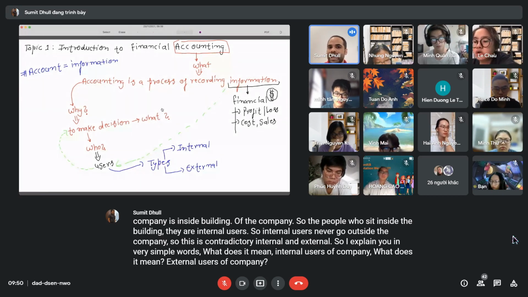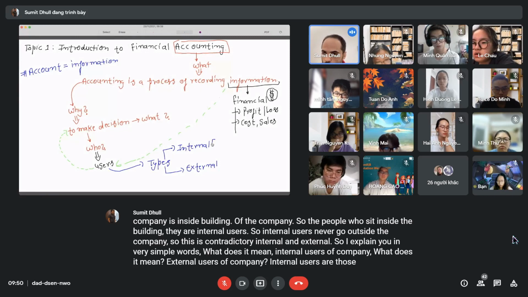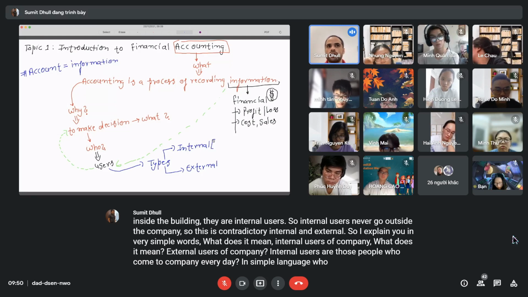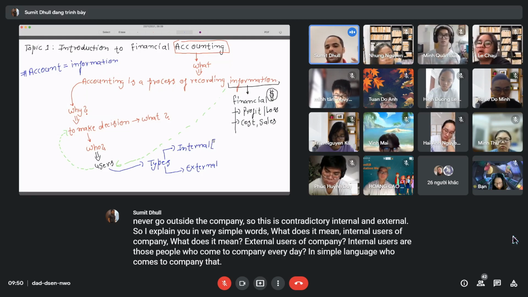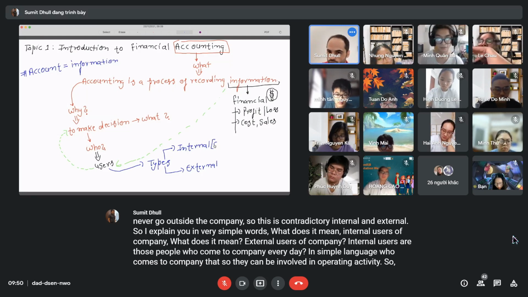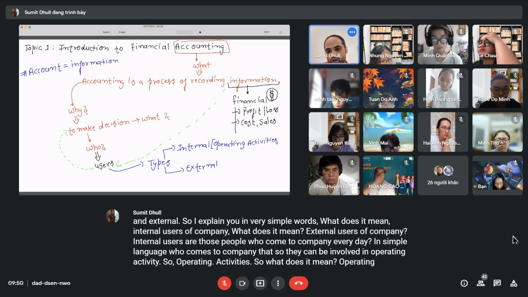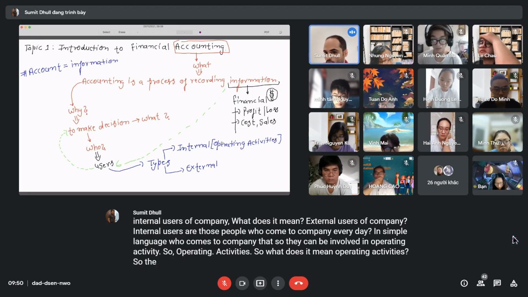Internal users are those people who come to company every day. In simple language, who come to company so that they can be involved in operating activities. So what does it mean operating activities? The internal users are involved in operating activity.